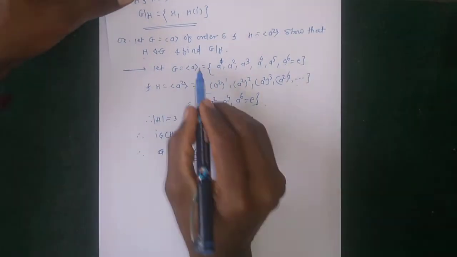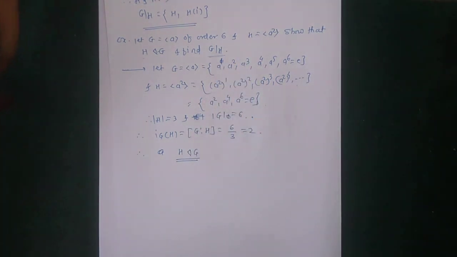Now to find G over H, means to find factor group, means set of all cosets.